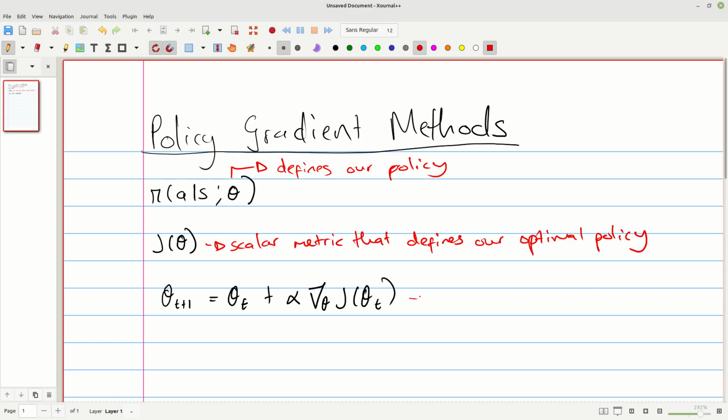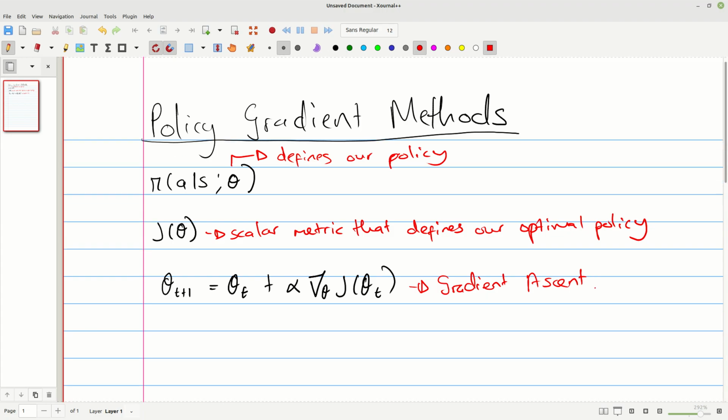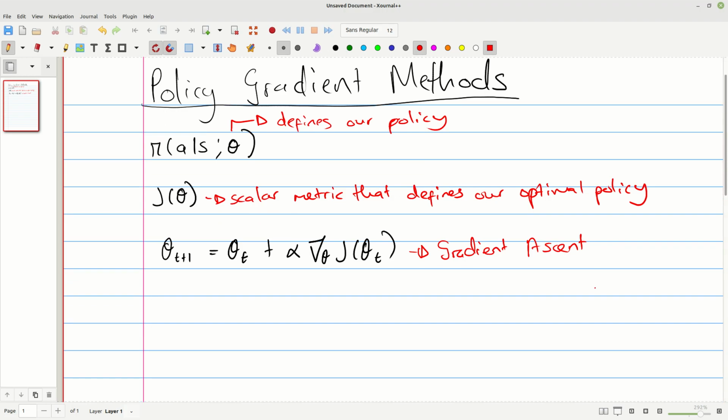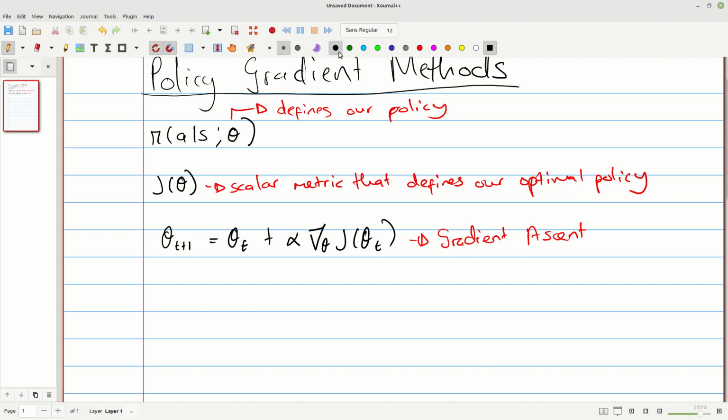This is different from gradient descent algorithms, where we would subtract the value because we were trying to minimize something. Because this is a maximization objective, that's why we're doing gradient ascent instead of gradient descent.